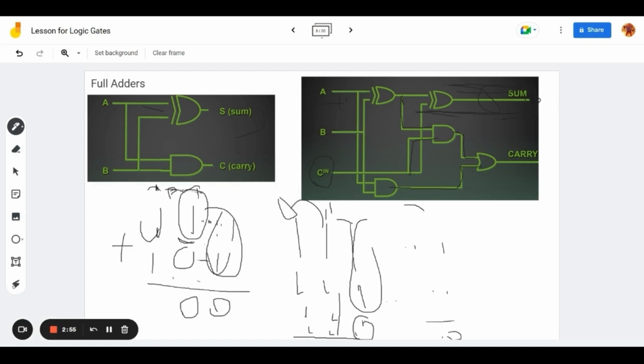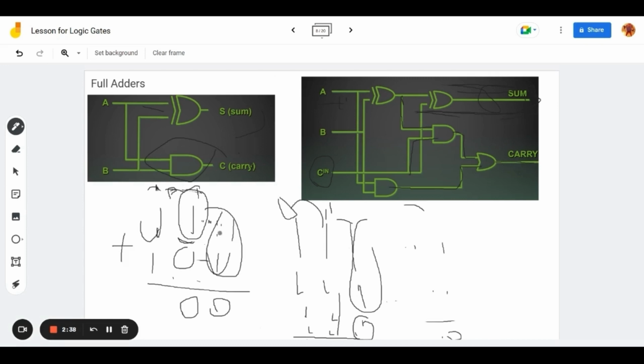It adds the carry in value, and it also adds the carry value from A and B by itself from here together to create the carry out, which will be the carry in for the next full adder.